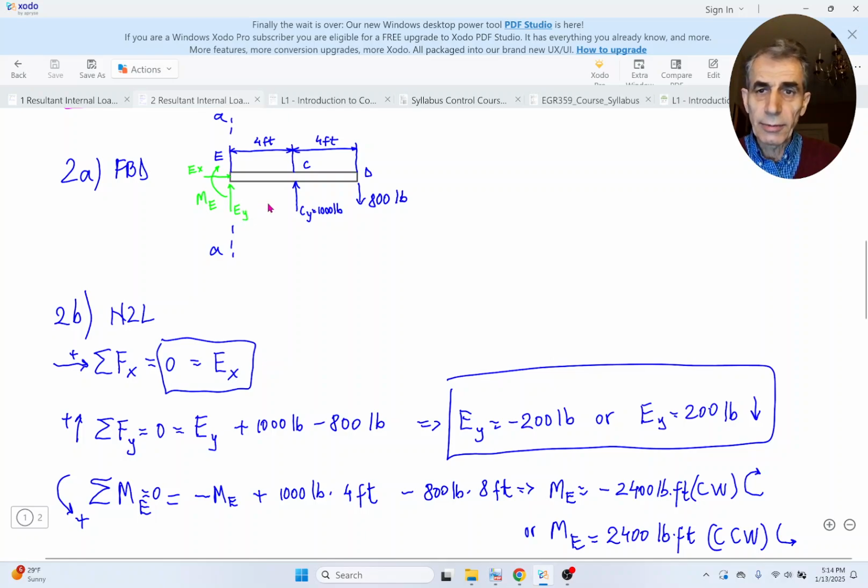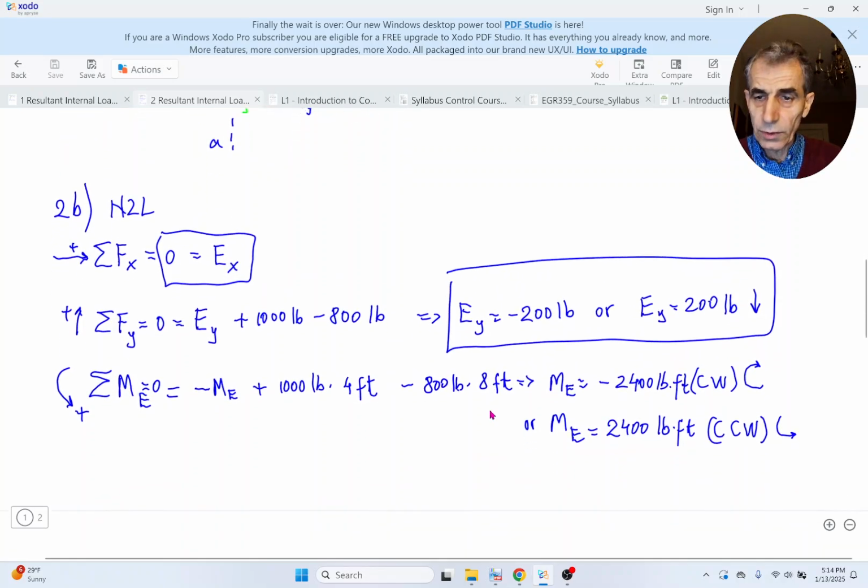I should have probably looked by observation and gotten it downward, because 800 needs another 200 to balance this 1000, which I put there. But that's the point, that if it's negative, then we just need to change the direction. So I put here 200 pounds downward.